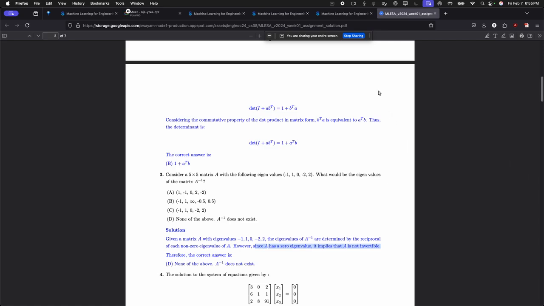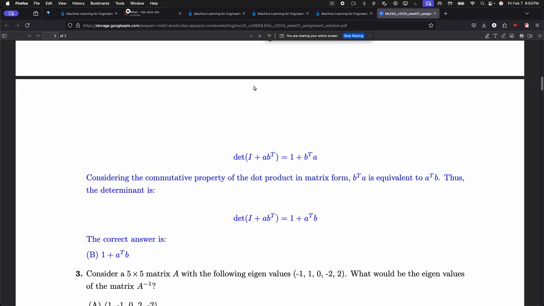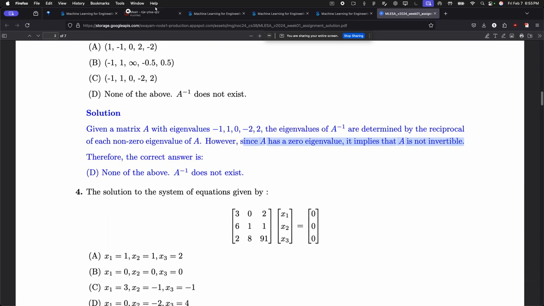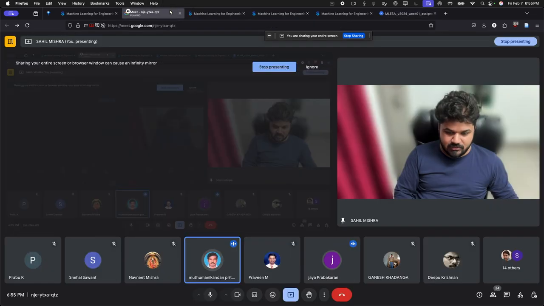Can you see what I have underlined, what I have highlighted here? Is sound coming from behind.